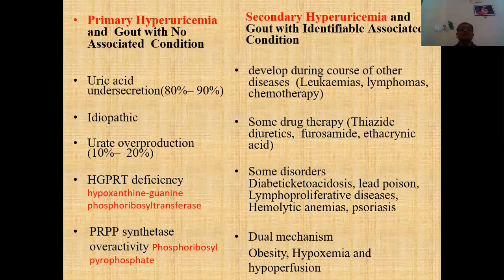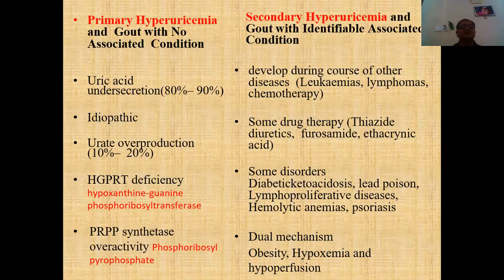In the case of primary hyperuricemia, it is gout with no associated conditions. Meaning in this particular condition, there is no exact reason observed for why the uric acid level is increased. In this case, there is no particular reason that you observe.